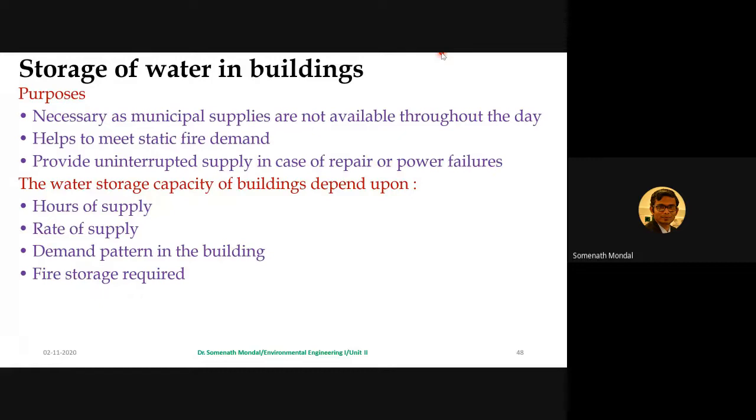It also depends on the demand pattern in that building, like the time periods when demand is high, and the higher storage requirement, including how much water should be stored in case of a fire accident. Analyzing all these points, the storage capacity is calculated for a particular building.